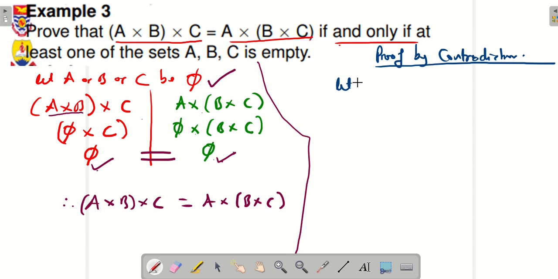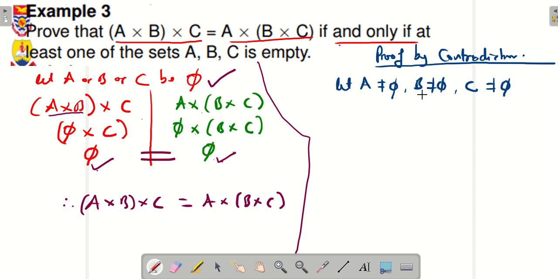let A not be an empty set. So we are assuming that A is not an empty set, B is not an empty set, and C is also not an empty set.